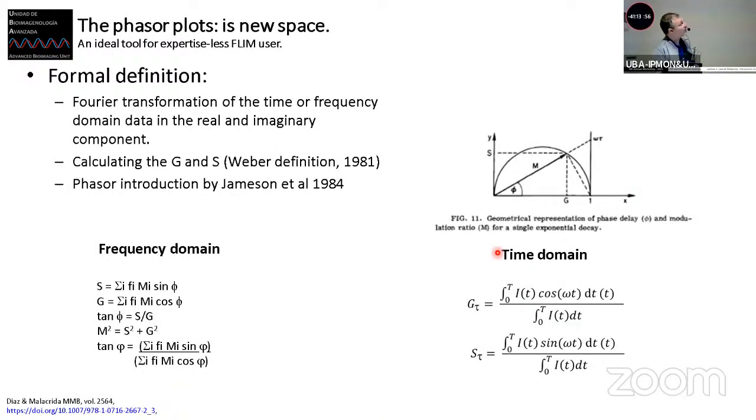The mathematics for the phasor was introduced by Gregorio Weber in the early 80s, but was not used until Enrico, Dave, Bob Hall introduced the plot, this phasor, with this hemicircle that we call the universal circle, and it's universal because it contains all the single exponential decays. And since Weber's notation, we have all the mathematics for the frequency domain and time domain.